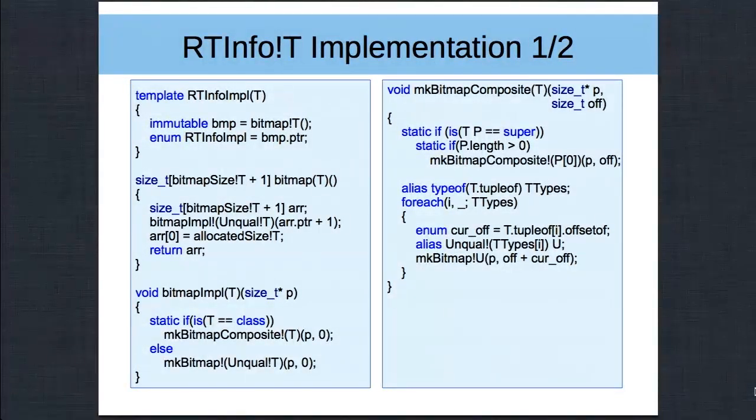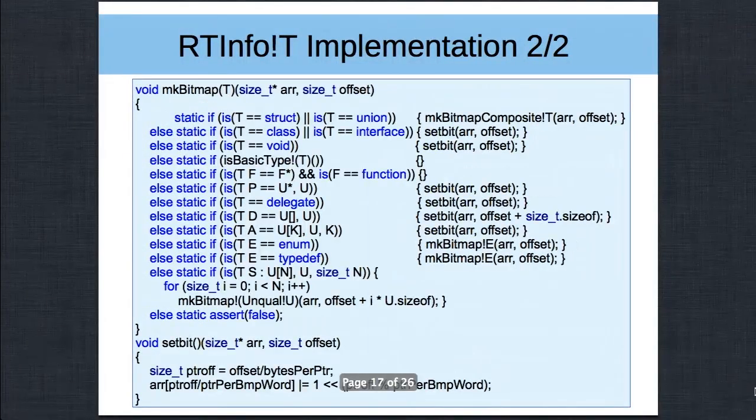So we can get the offset of that symbol inside the struct and then set the bitmap accordingly. This is happening in this function. I don't want to go into every detail, but it just goes through all the possible types with a static if and then calls this set bit function to change the field in the static array to set the appropriate bit for the pointer info.